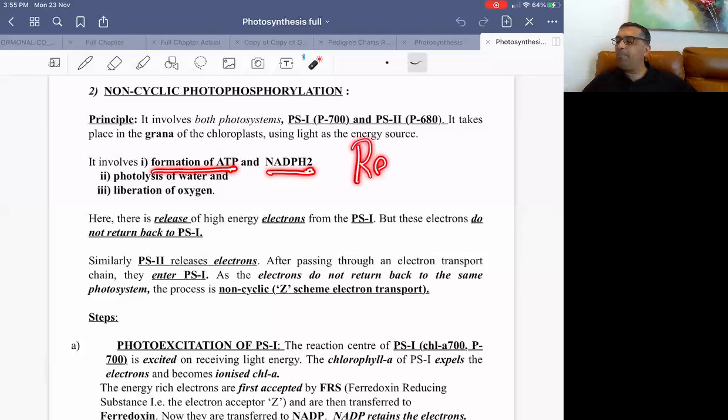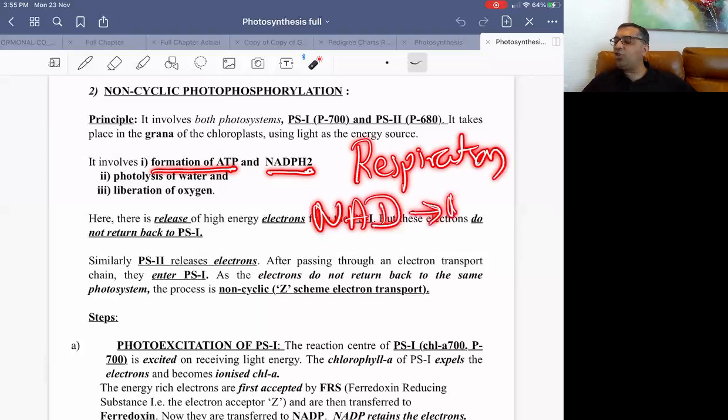So in respiration, NAD becomes energy-rich NADH2.